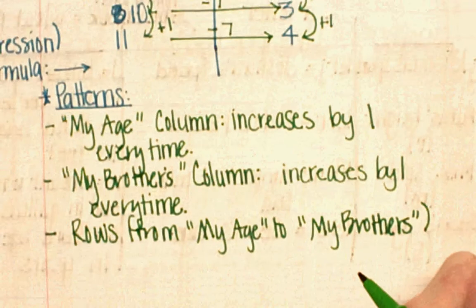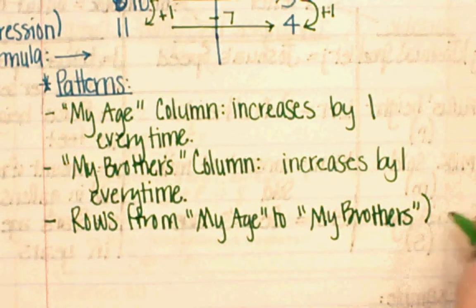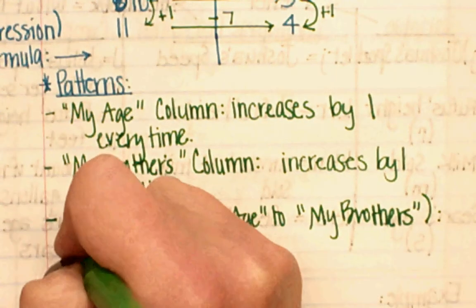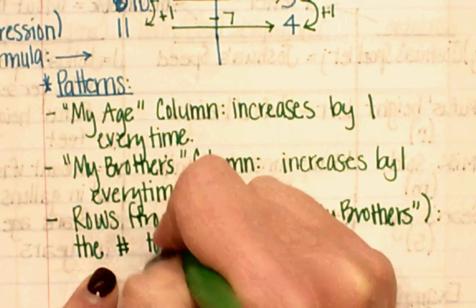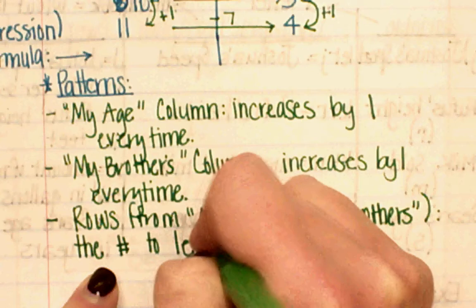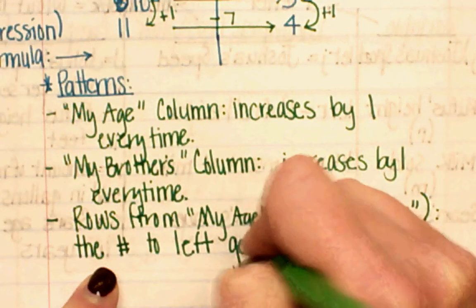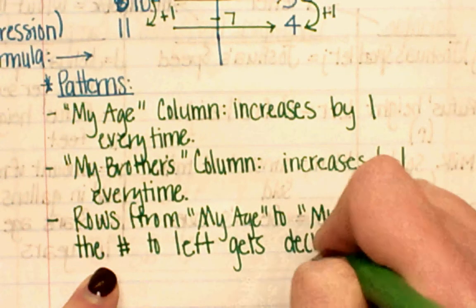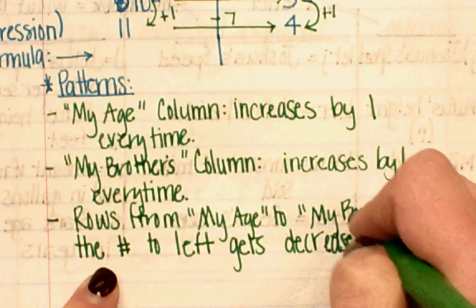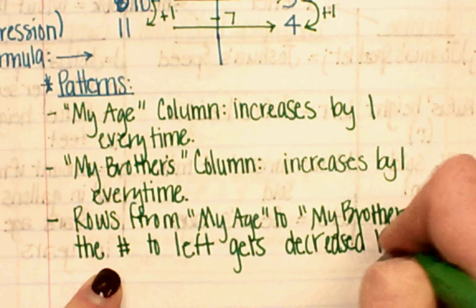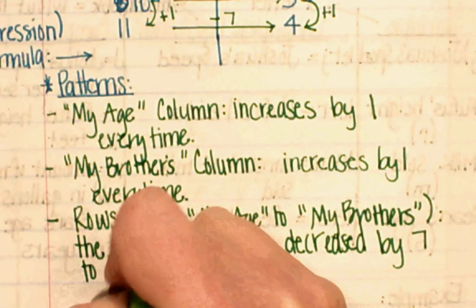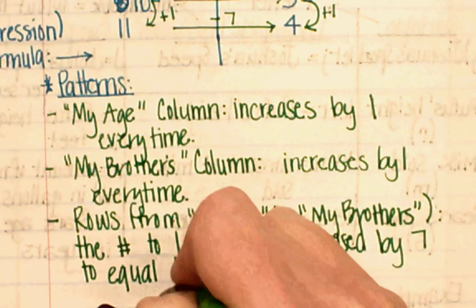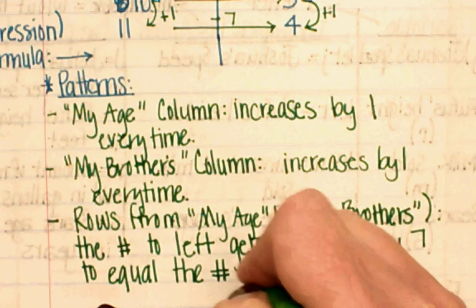So you always, in this instance, the number to the left gets decreased, which means subtracted by 7 to equal the number on the right.